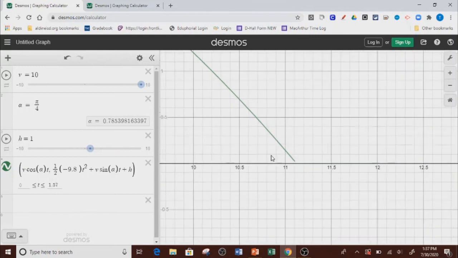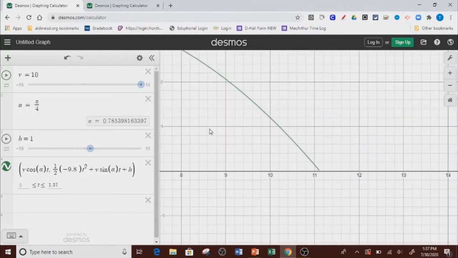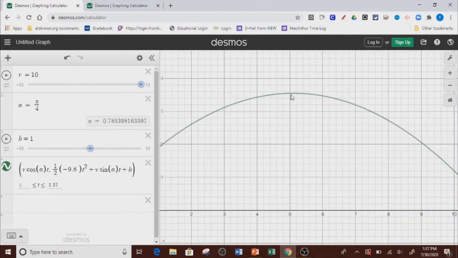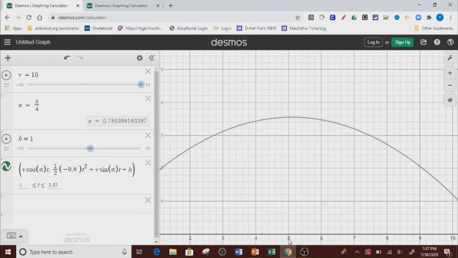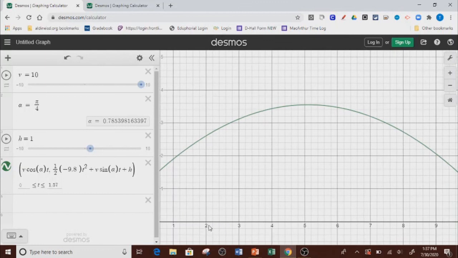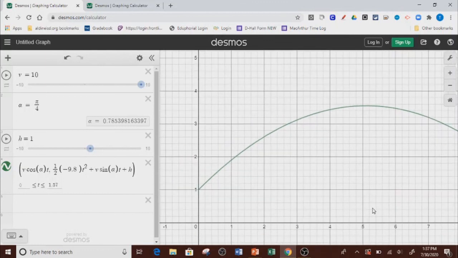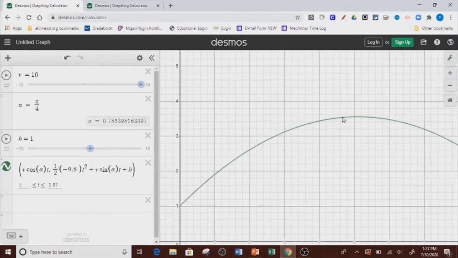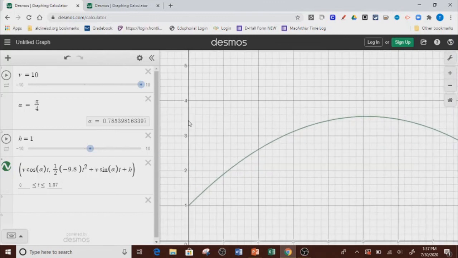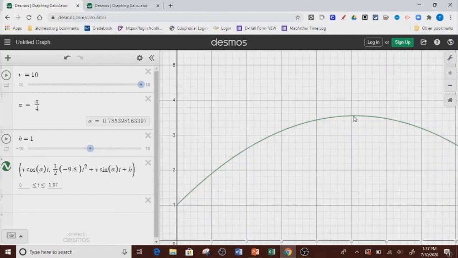Around that, right? And with this, you can also find out what was the maximum height that the ball traveled. It seems that at 5 meters away from the player, the ball reached its maximum height of around 3.5 or 3.6 meters, right?